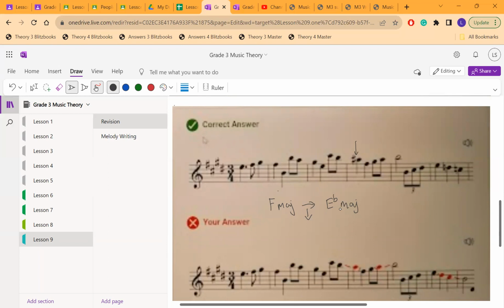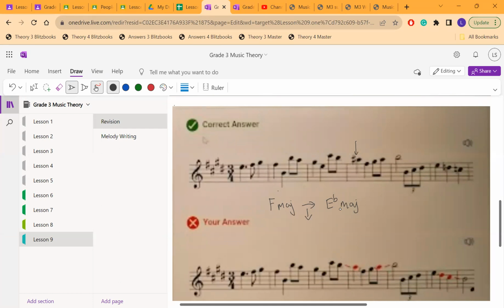A to G is also a tone. B flat to A flat, also a tone. They're all a tone apart.